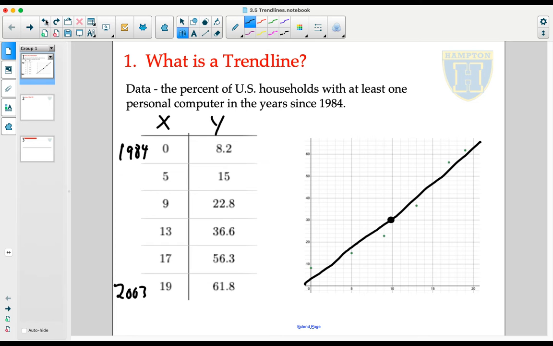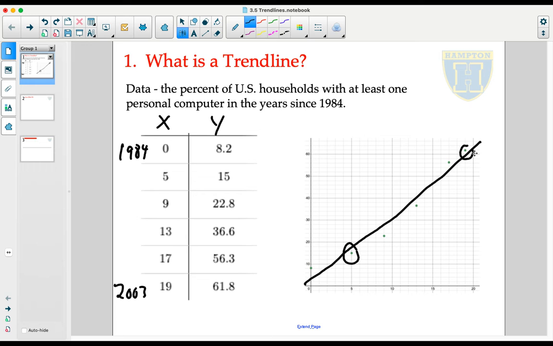So what we suggest instead is that you use a couple of points that are really close to the line. And when I say really close to the line, I mean the ones that we already have the data for. Based on the way that I drew my line, this point and this point, the second point and the last point, are the ones that are closest to the line.